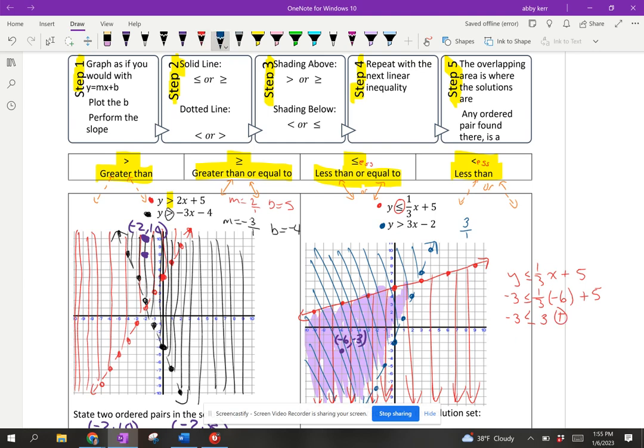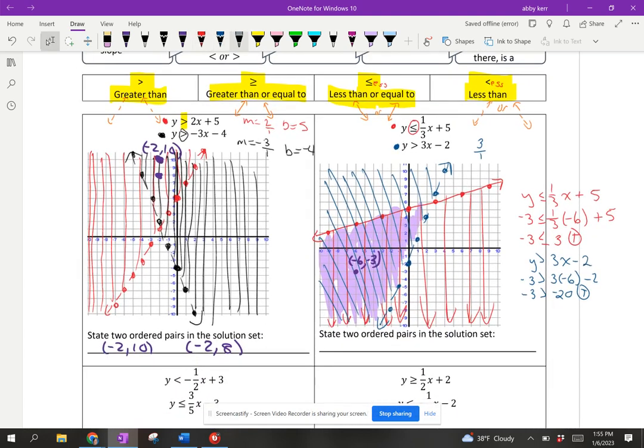And then if you look at your blue inequality, if you plug that same ordered pair in, negative 3 is in fact greater than negative 20. So that double shaded area is our true section.